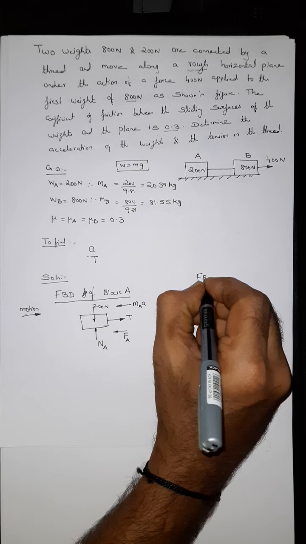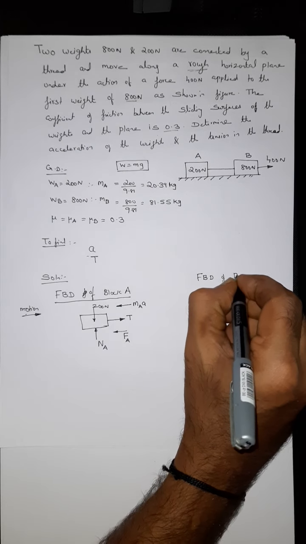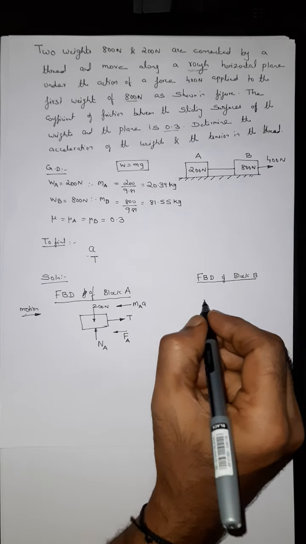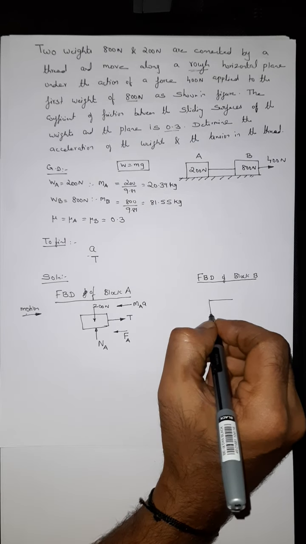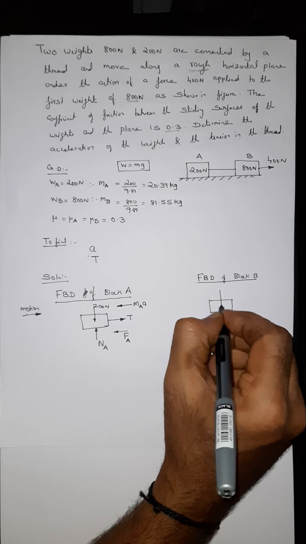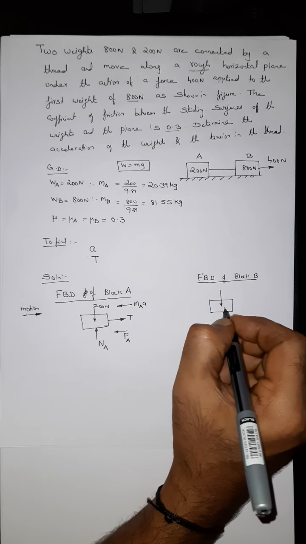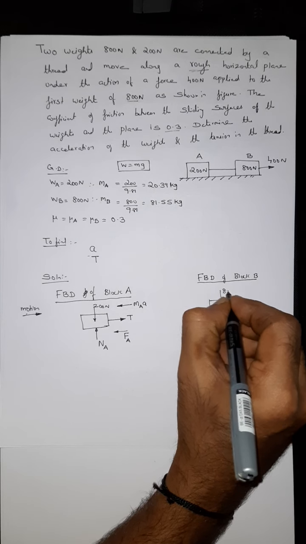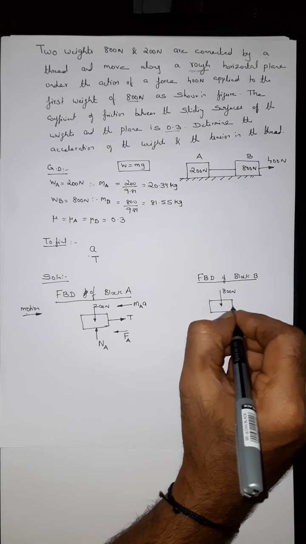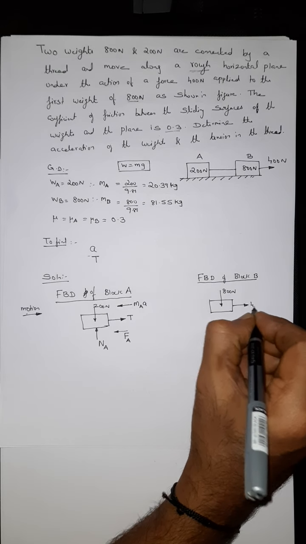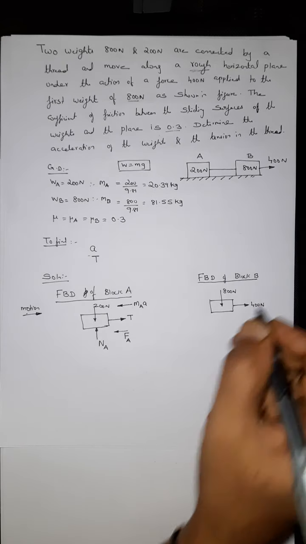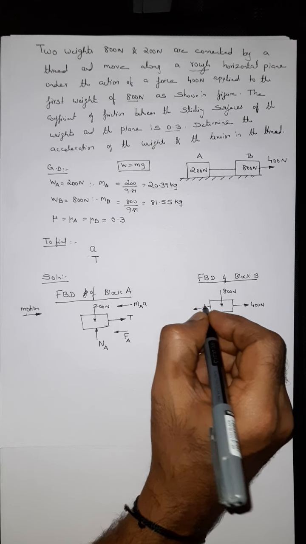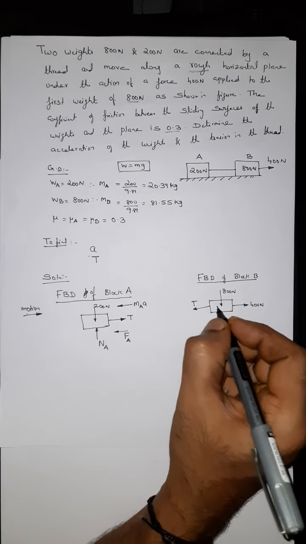Let me draw the FBD of block B, which is nothing but the 800 Newton block. Weight acts vertically downwards. This is 800 Newton. And the external force is being applied in this direction. There is a tension which always acts away from the object.